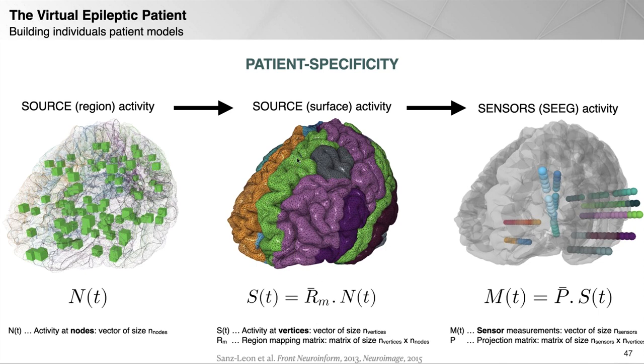It would tell you, for example, for the green area, you can see the vertices on the surface, the triangle mesh. This matrix will tell you to which regions the vertices belong. And once we are on the surface level, we are then projecting again, but this time to the sensors using a projection matrix.